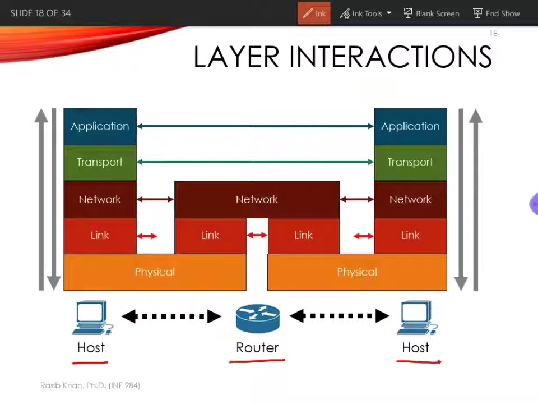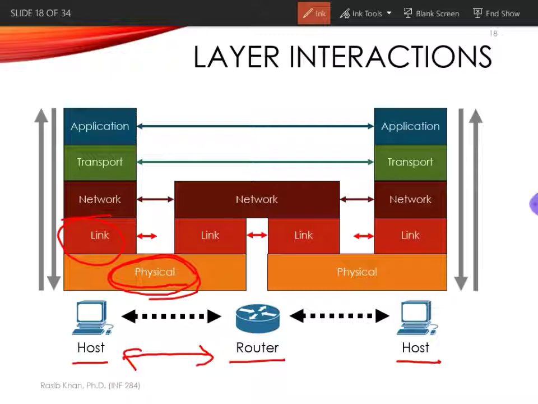There is a physical connection from the host to the router. The host has the link layer to support the features of the physical layer.